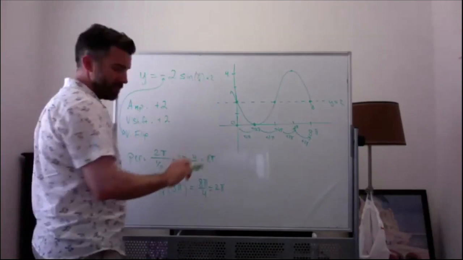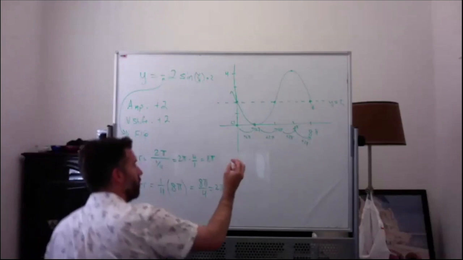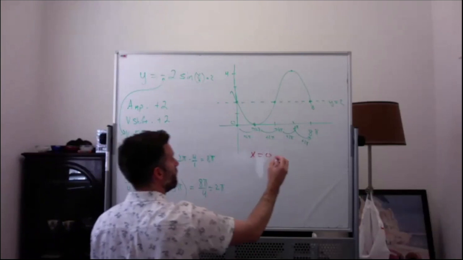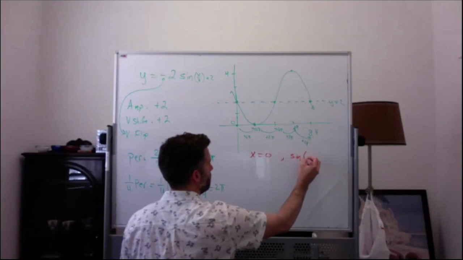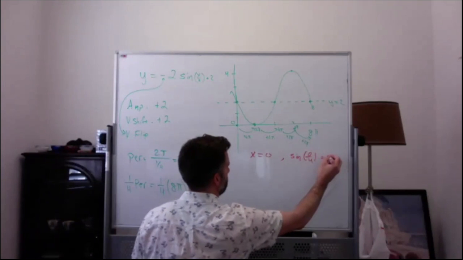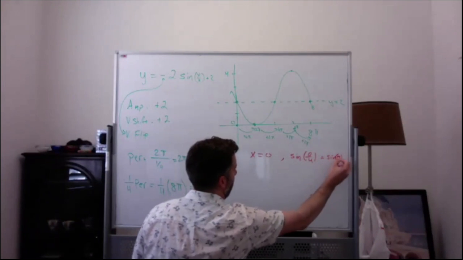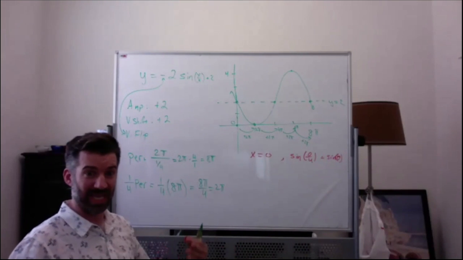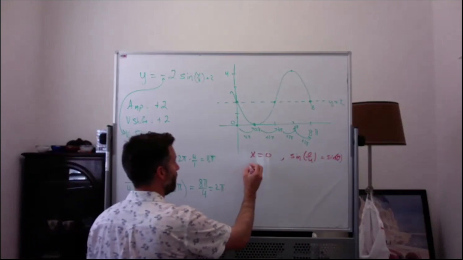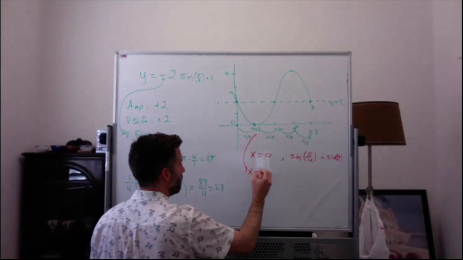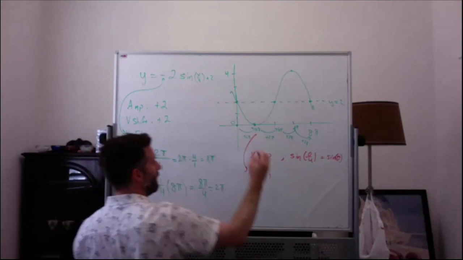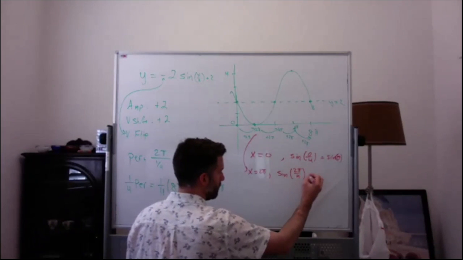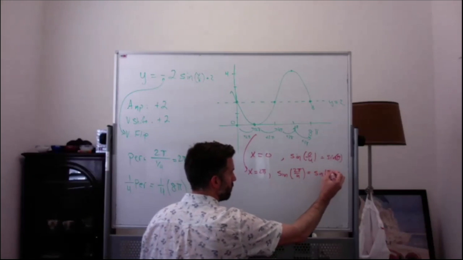Anyway, what I wanted to say is, if my x value is x equal to 0, I'm getting sine of 0/4, which is sine of 0. I know there's more to it, I know it's -2 times sine, but I really just care about showing you that the angle is the same angle as usual. If I plug in x equal to 2 pi, I get sine of 2 pi over 4, which is sine of pi over 2.